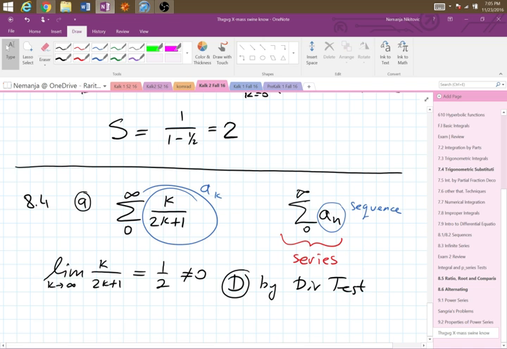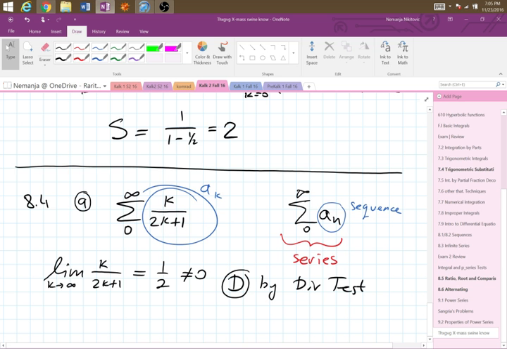Taking the limit is going to be your chapter 2 knowledge. So how do we know that the limit of this is 1/2? You have two ways of doing this. You either remember that when you have polynomials involved and the exponents are the same, it's just the ratio of front coefficients. We have k to the first power in both numerator and denominator.